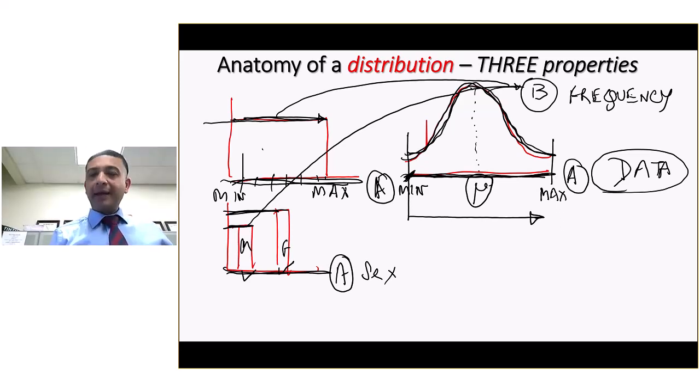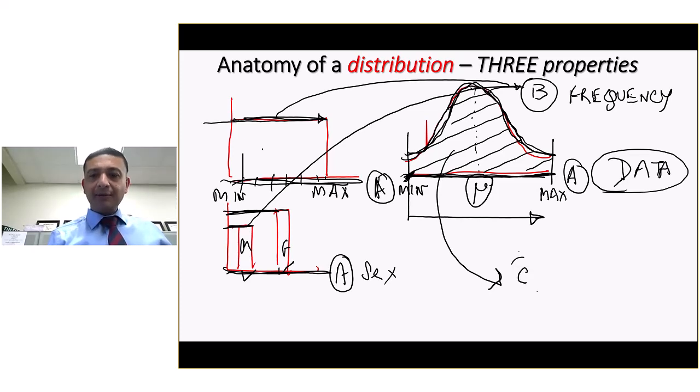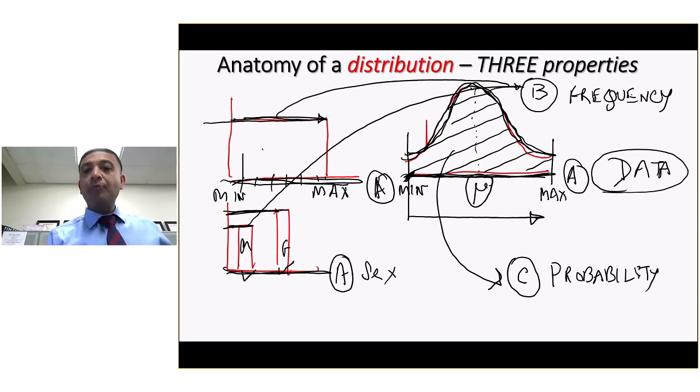Okay? And last but not the least is this area under the curve. This area under the curve, which is your third property, is measuring probability, or your chance of occurrence, your overall proportion.